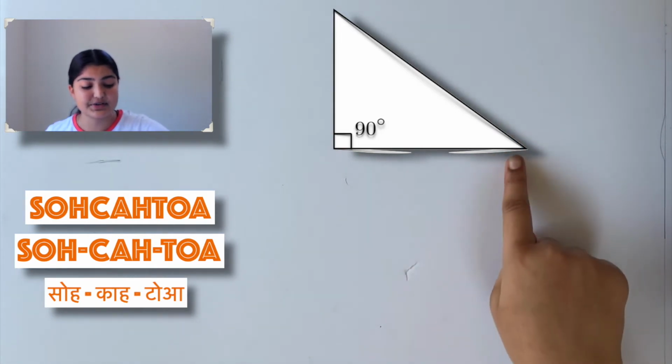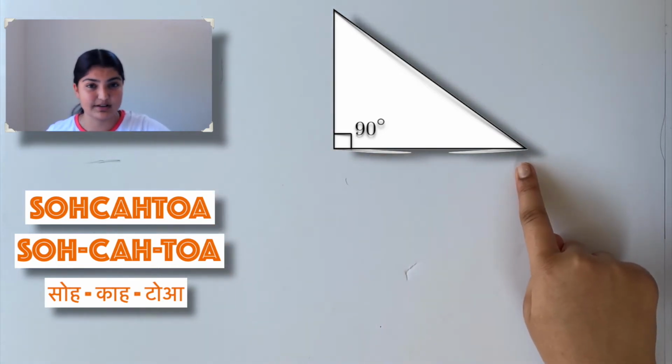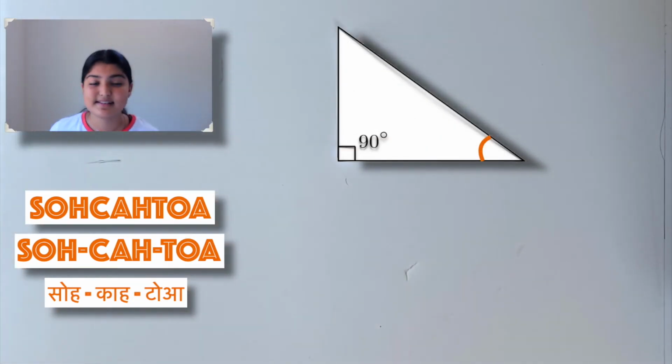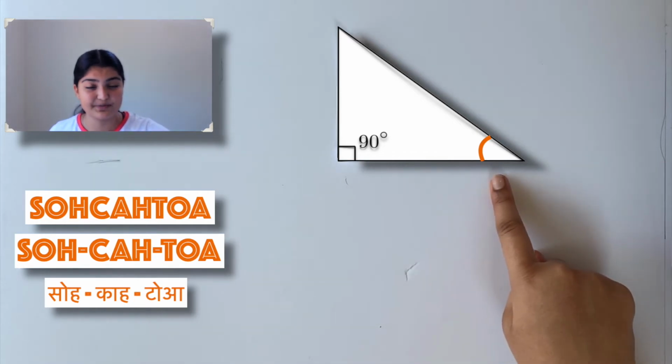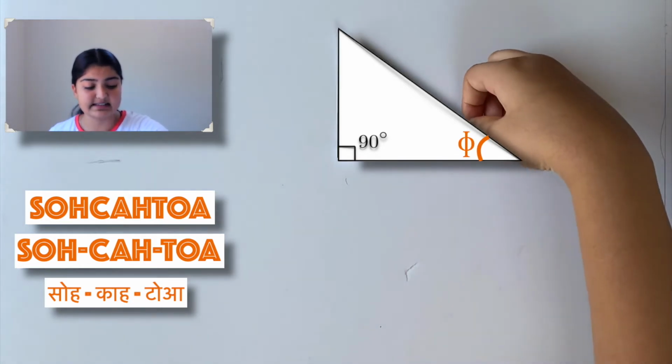Out of these 3 angles, let's pick this one and let's label it. Now, we don't know the measure of this angle, so let's label it as phi.